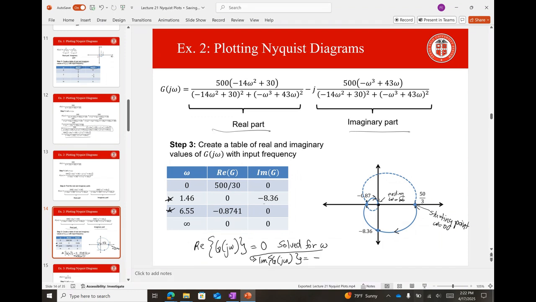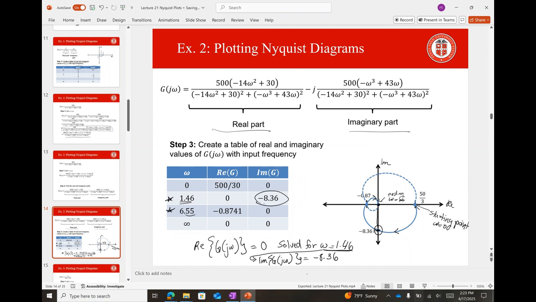Then we would get this negative 8.36. When we solve for the real part equaling 0, we get omega to be 1.46. So that's where this point is coming in, because the real part is 0, and so we get just a single imaginary part at this negative 8.36. So that's how we get this point.